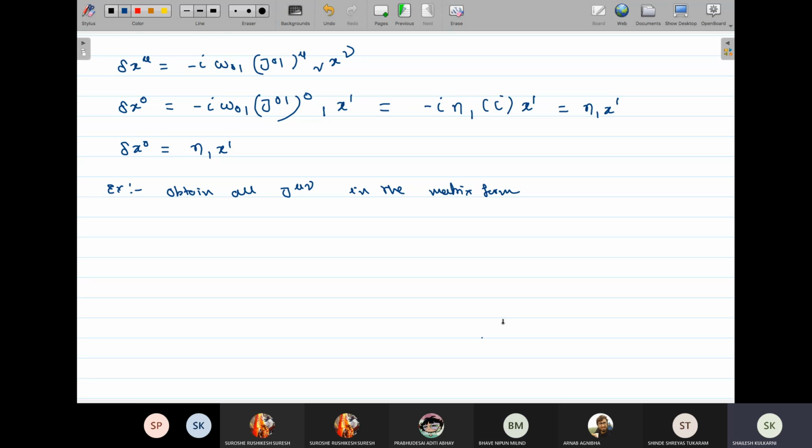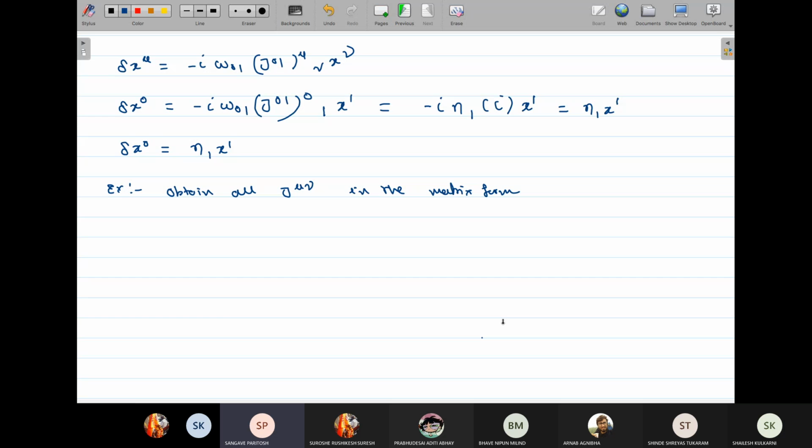So what is the point in doing this exercise? You know the complete matrix for the Lorentz transformation. I hope that you have obtained that 4 cross 4 general Lorentz transformation matrix. I know the finite transformation also, right? Why am I so bothered about this infinitesimal form?